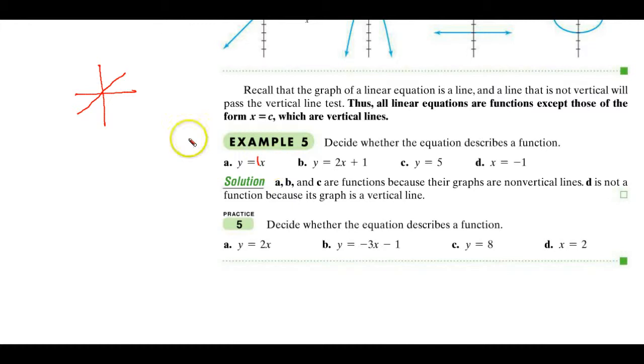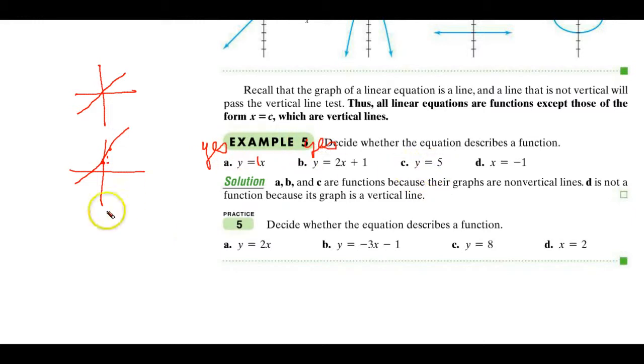Our y-intercept is 0, so it goes over 1, up 1, and that is a function, so yes. This is another equation where our y-intercept is 1. Our slope is 2 over 1, so we go over 1, up 2, and that is yes also.